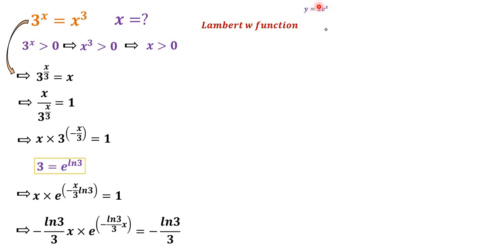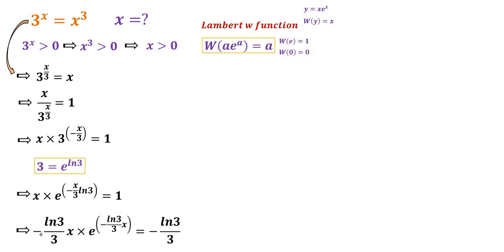So if y is equal to x times e to the power of x, then the W function of y is equal to x. So we describe this function as W(a e to the power of a) is equal to a. So it is the inverse function of a times e to the power of a. For example, W(e) is equal to 1, W(0) is equal to 0.